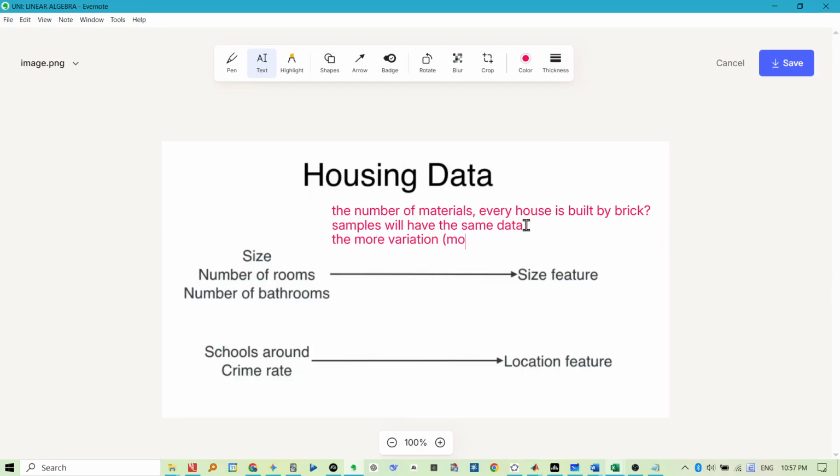So that means we can describe more data by only the size feature. So that is what I mean: the more variation, the more information. Okay. Hope you get the idea.